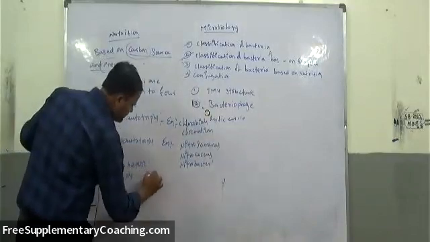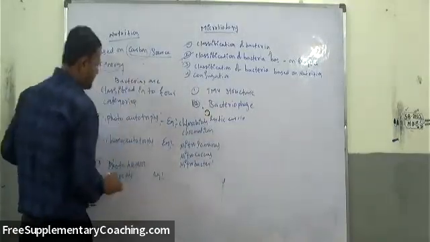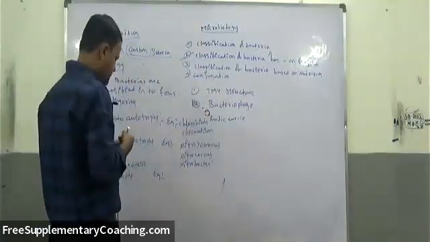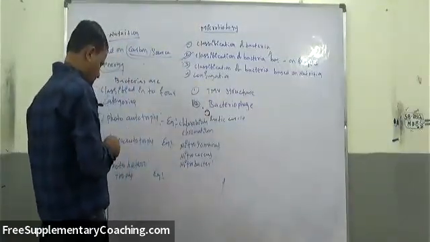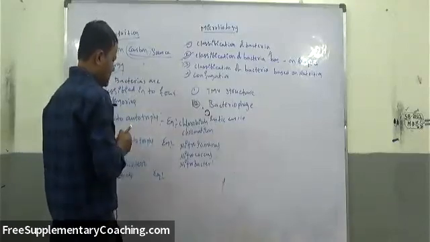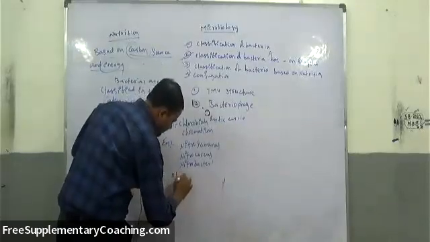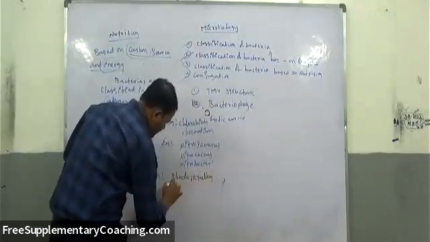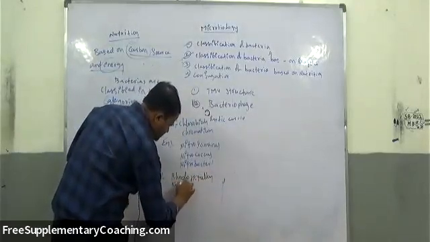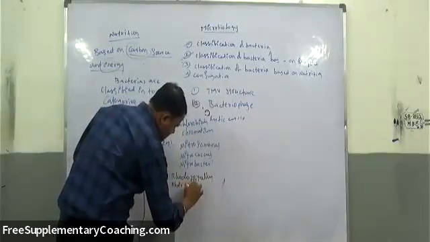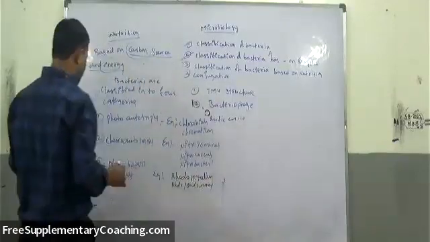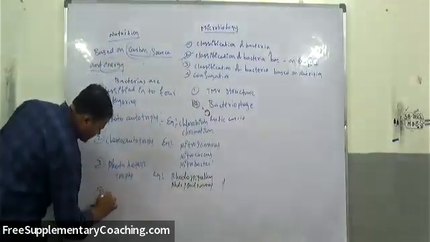Examples are Rhodospirillum and Rhodopseudomonas. Then the fourth category is chemoheterotrophs.